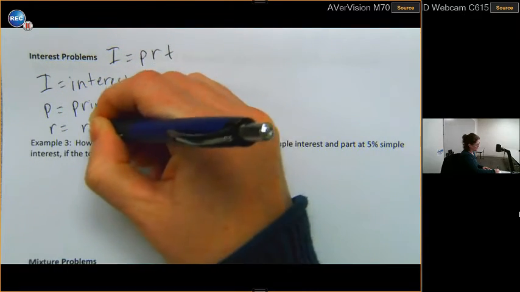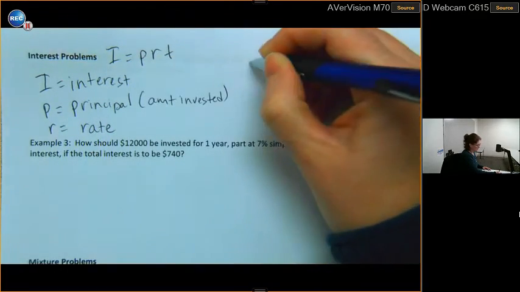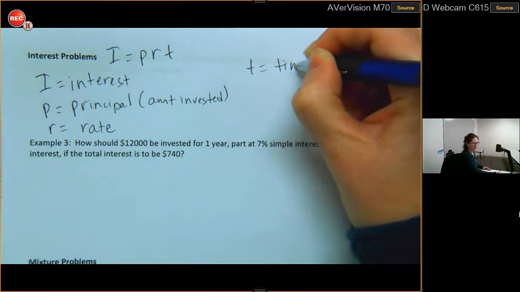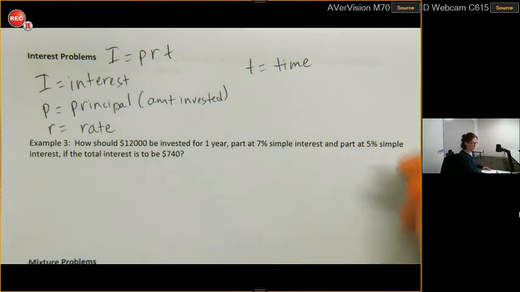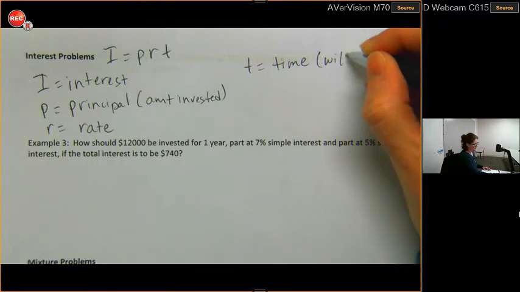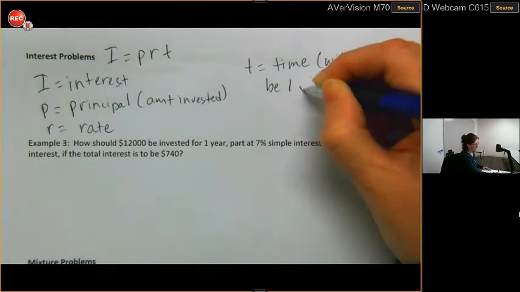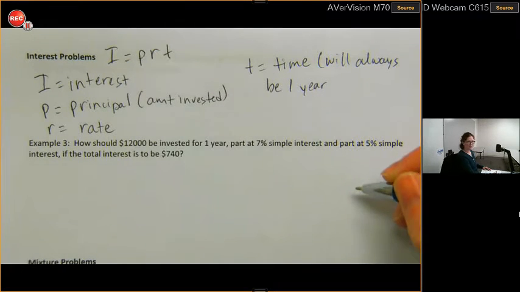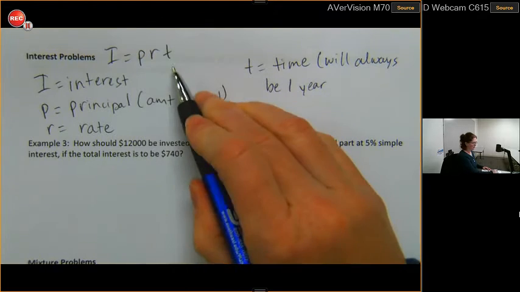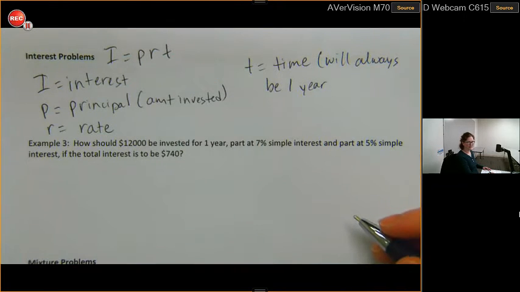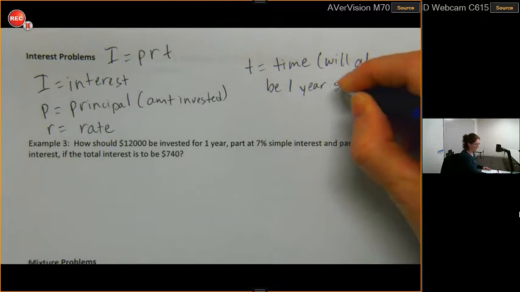R stands for our rate. T is for the time. And in these problems, the time will always be 1 year. And since it's always a 1 and multiplying by 1 does not affect our answer, we're just going to ignore the time.